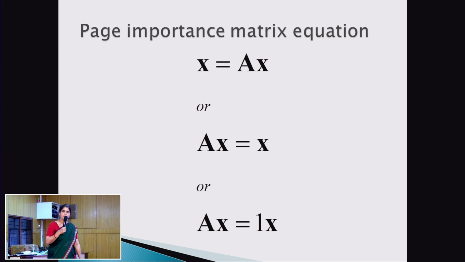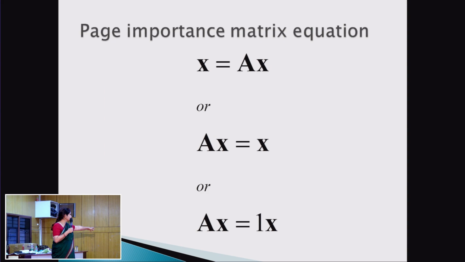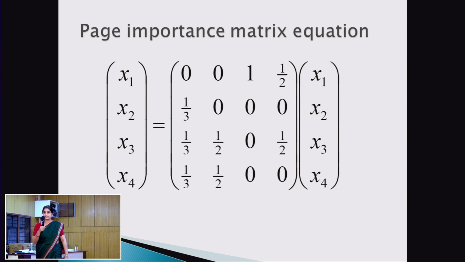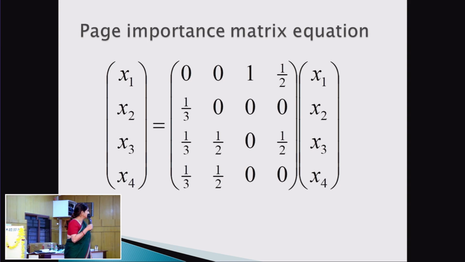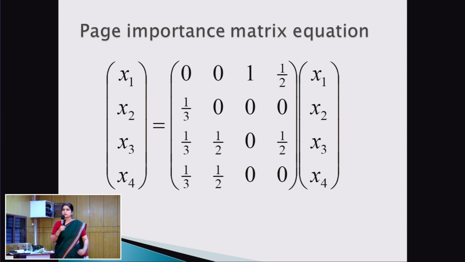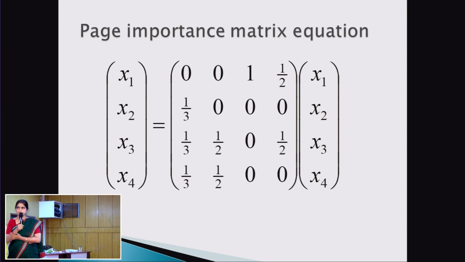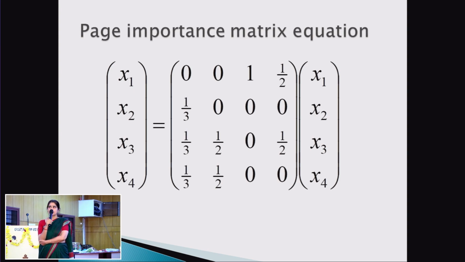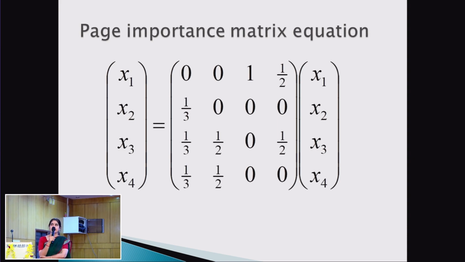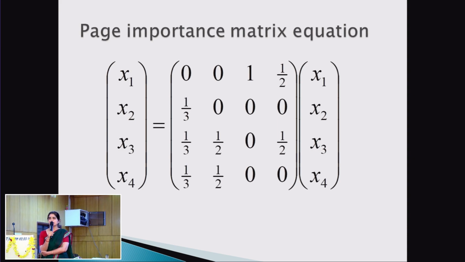So this is a vector x1, x2, x3, x4. This is a matrix A, times x1, x2, x3, x4. So what does this look like? Ax is lambda x. Does it ring a bell?